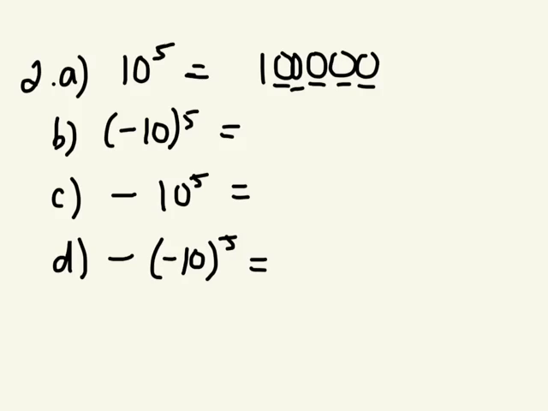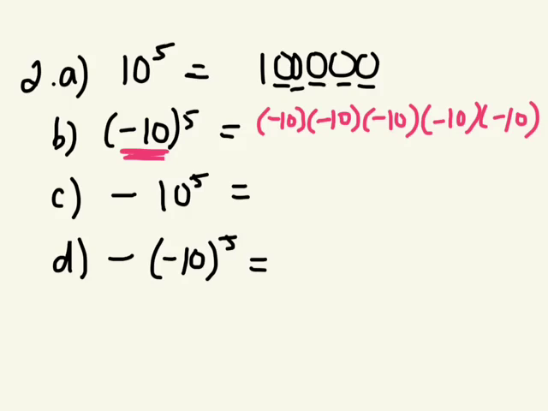Now look at B. What do you notice about the base? Look here, please. For B, the base is what? Positive or negative? So I'm actually multiplying -10. How many times? Good. What do you think the result will be, a positive or a negative? Raise your hand if you think the answer will be positive.